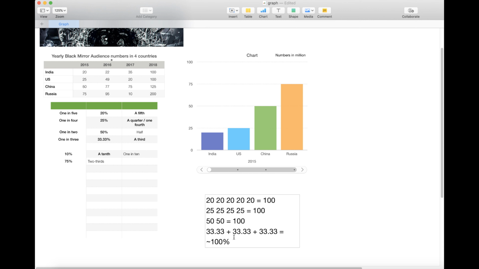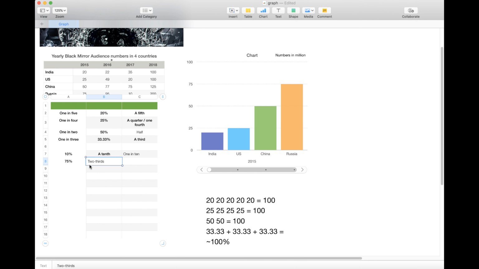It's using the same maths logic of 33.33. So it's 1 out of 3, 2 out of 3. So that we would say 2/3.